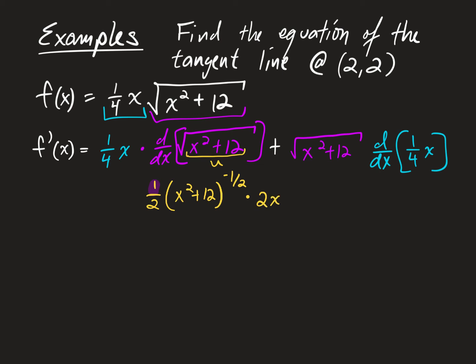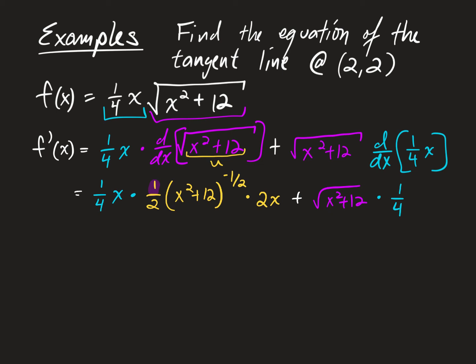And there, that's one-step chain rule. Everything else comes along for the ride. So we've got a plus, we've got a square root here, x squared plus 12 times 1/4. That was the easy power rule there.